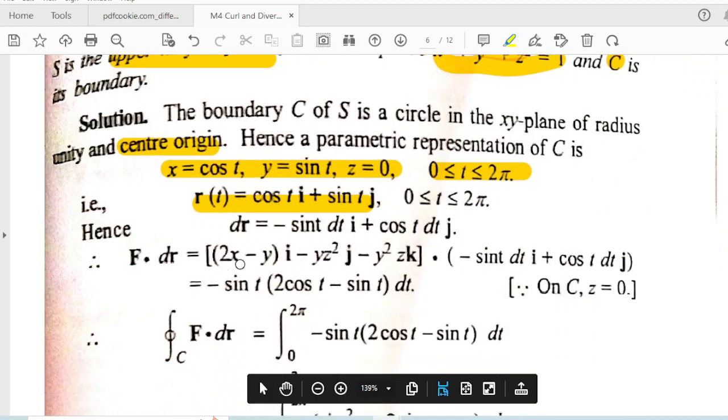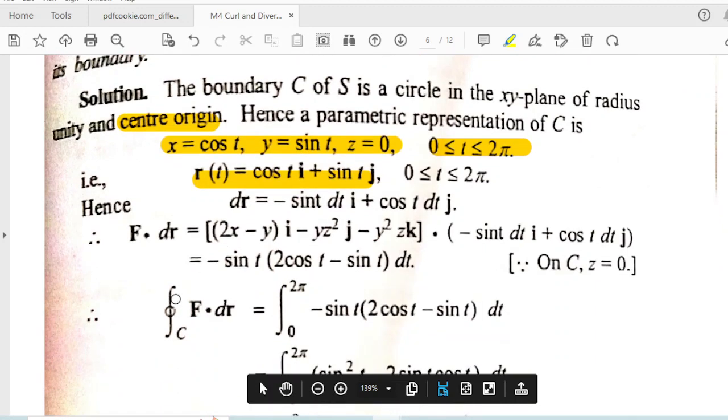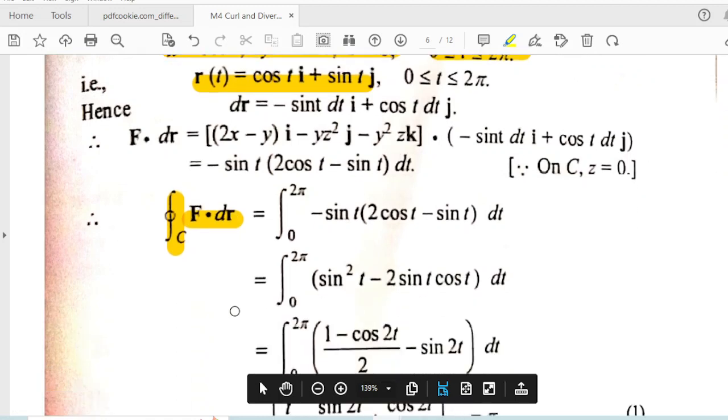Now let us see our formula. This is our formula. We have to prove Stokes theorem: integral over C of F bar dot dr is equal to, we have to find this.